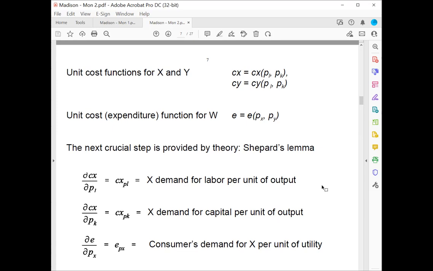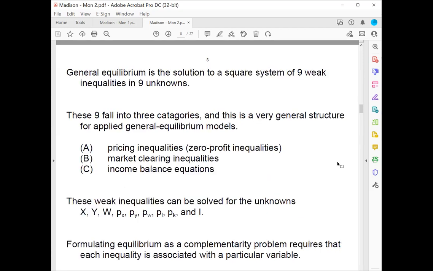So the derivative of the cost function for X with respect to the price of labor is the optimal, or cost minimizing, demand for labor per unit of output. And similarly for capital, and similarly for consumers' demand for X and Y. So this is a vital step in being able to construct market clearing conditions in the markets for capital, labor, and for X and Y.